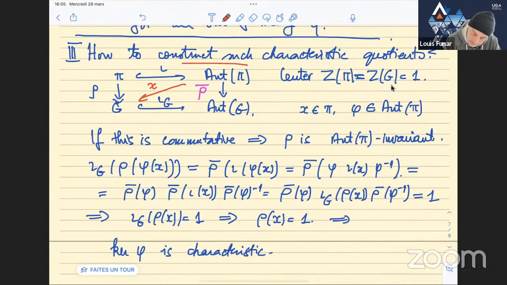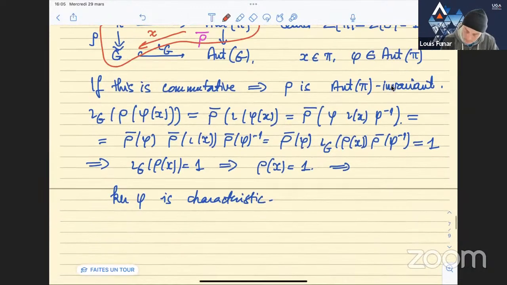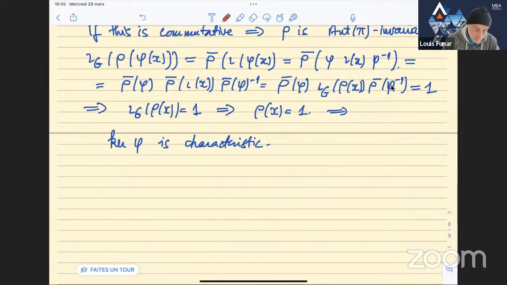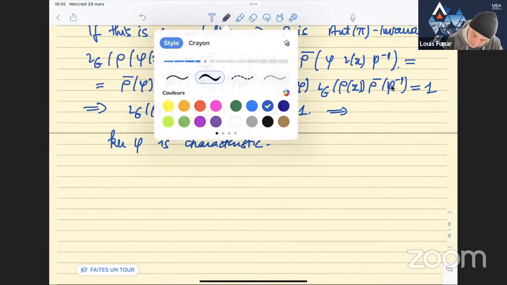So what I'm really interested in is to get something like that. Well, there is a way using linear representations. So I'm explaining the idea.